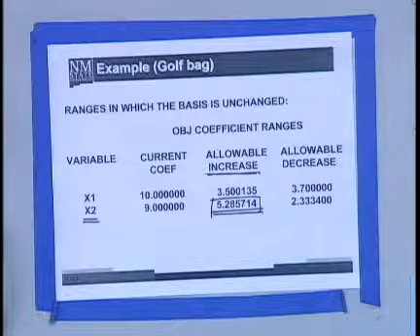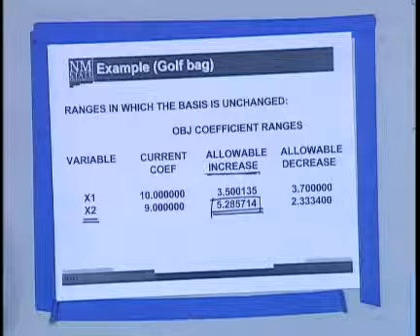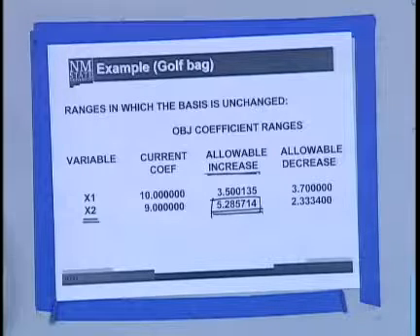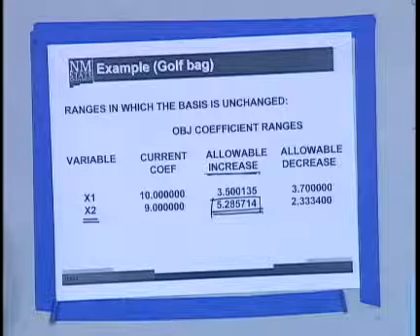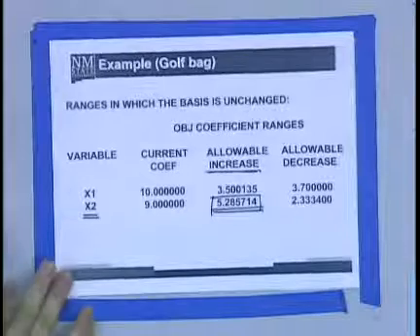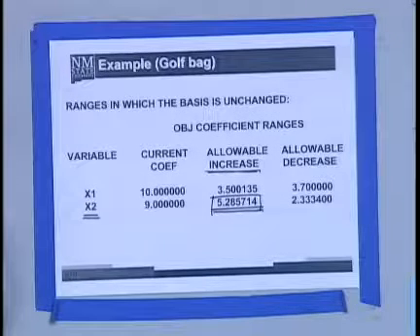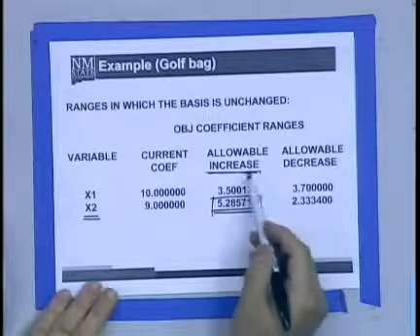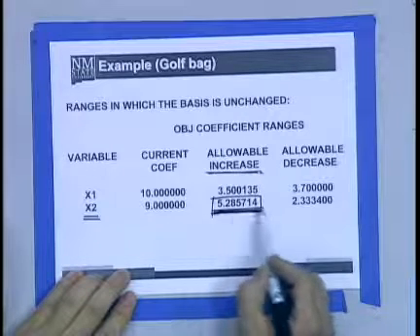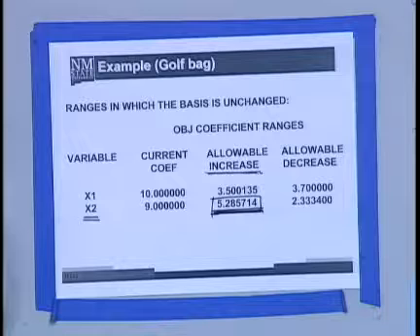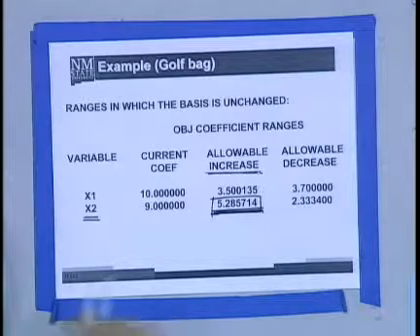So what can you say about this? Yeah, the basis will be changed, right? Because the $6 increase exceeds the allowable increase limit of 5.285714, which means that the basis will be changed, right?